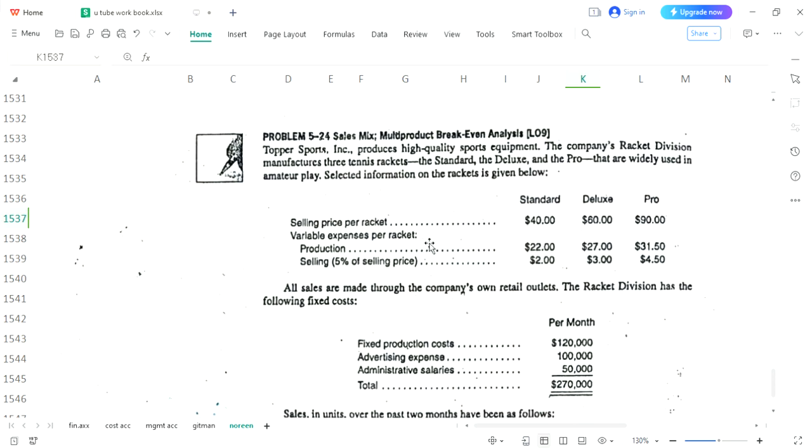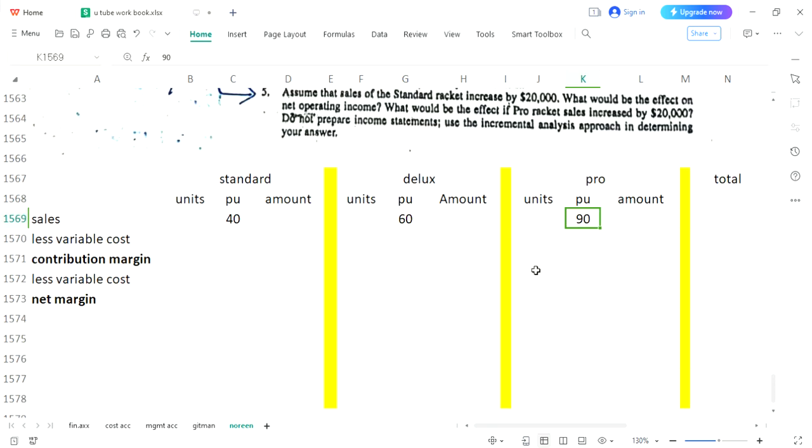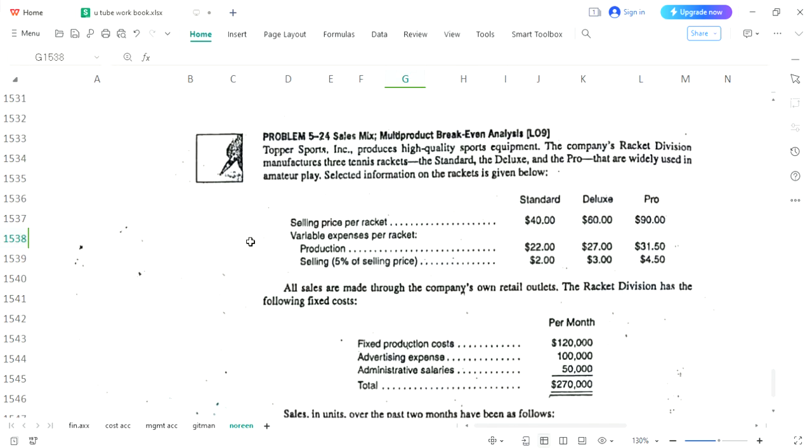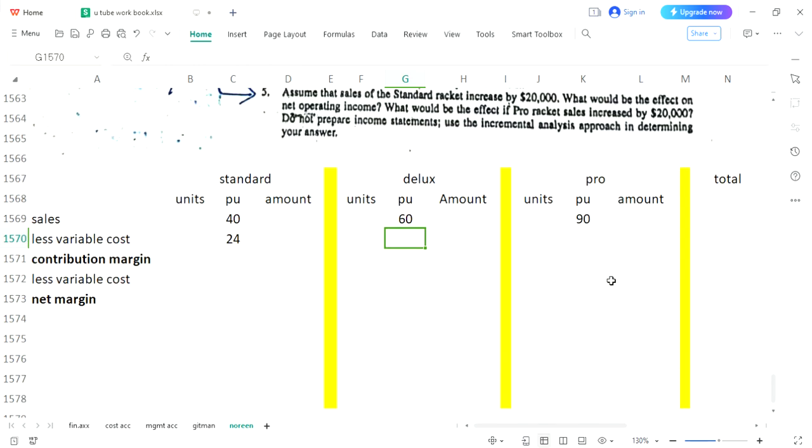And then variable expenses 22 and 2, that is 24 for standard. So you can write over here 24 variable expenses. Then we will see variable expenses for deluxe. This is deluxe 27 and 3, that means 30. So you can put 30 as variable expenses of deluxe.